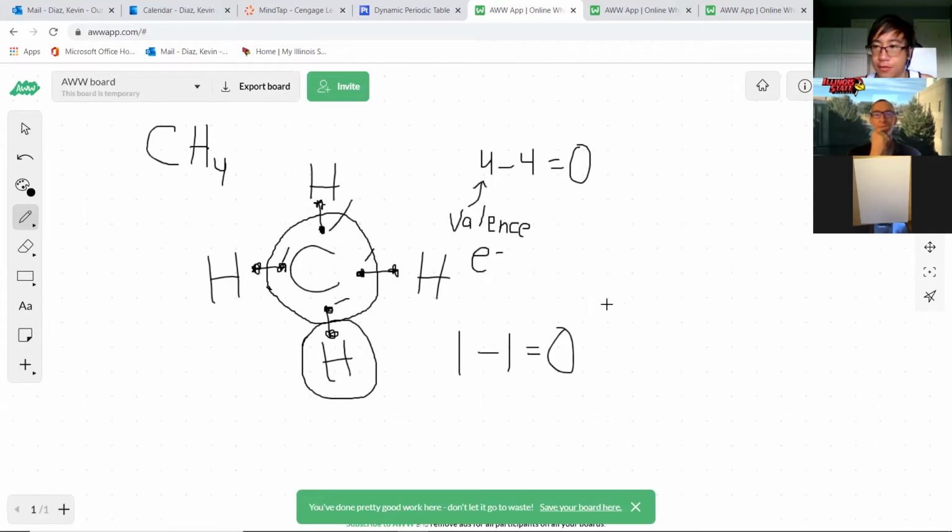So if I were to do a quick example, we have NH3, ammonia, and I'll just draw the Lewis structure. This is why knowing how to draw these is important.